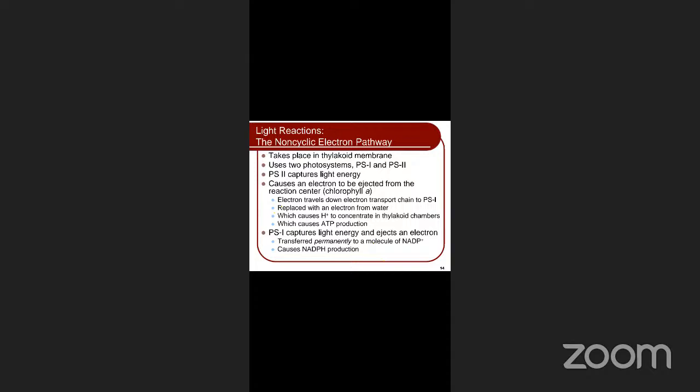Photosystem 2 consists of a core complex of six integral polypeptides and the reaction center, P680. These polypeptides are coded by the chloroplast genome.